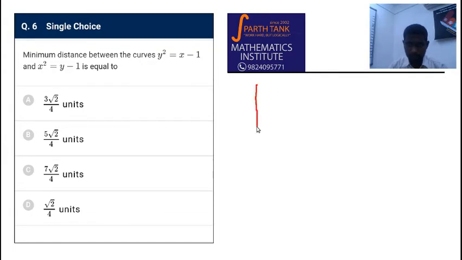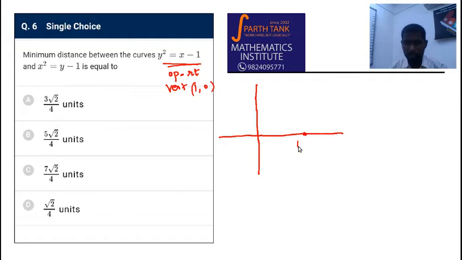Now, we know y squared is x minus 1 is a parabola open to the right and vertex is 1, 0. Let us call this 1, 0, and it opens to the right.